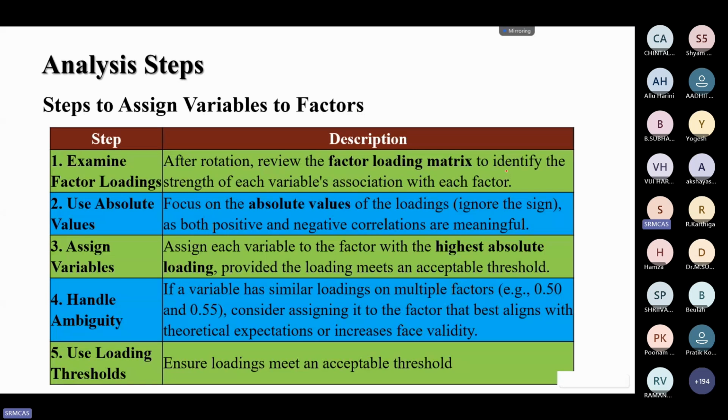Then for allocating variables into different categories, different factors, we have some steps. First we have to examine the factor loadings. We should focus on the absolute values of the loadings, both positive and negative values, and assign variables to the factors with the highest values.